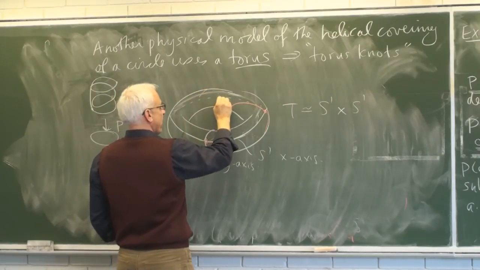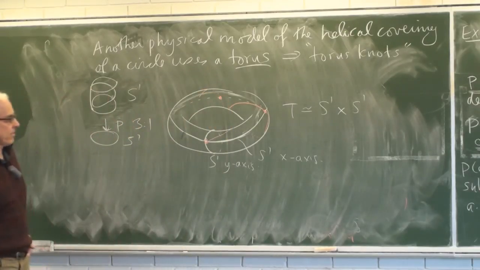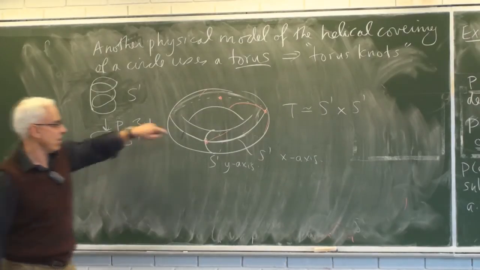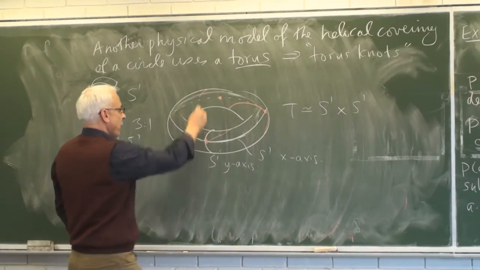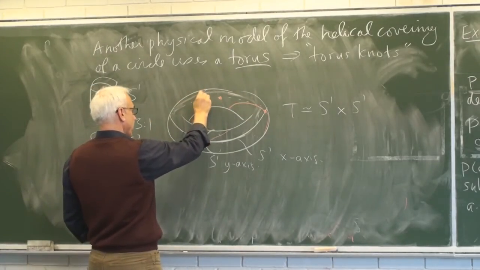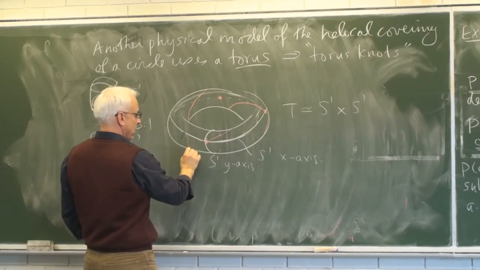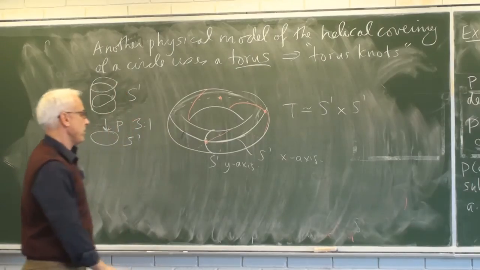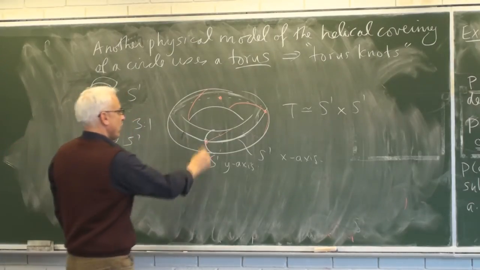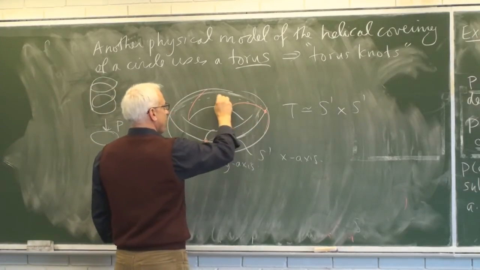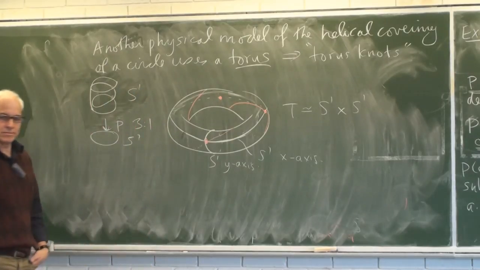Oh, and then when it's around the back there, that's the second time. It's hitting our axis. And then it comes around here, and it's visible there. It comes back around here a third time. So 1, 2, 3 times.